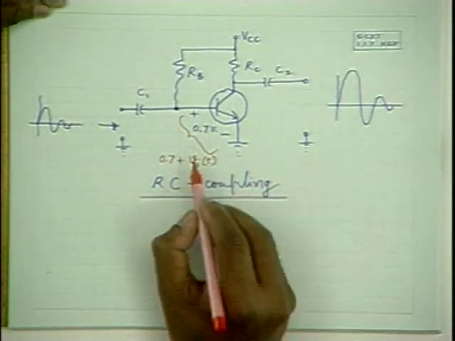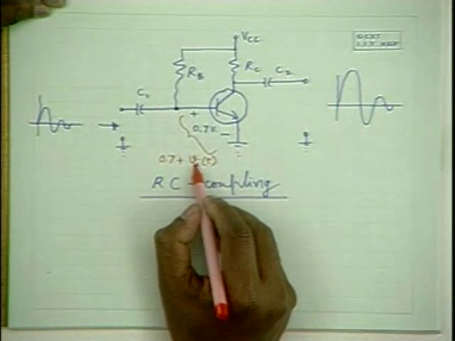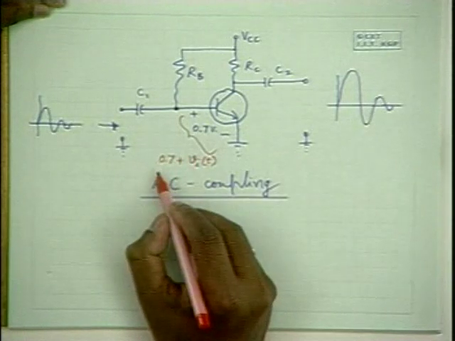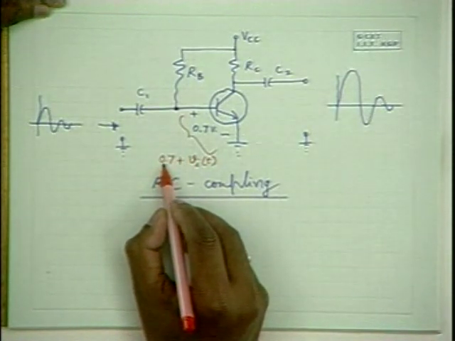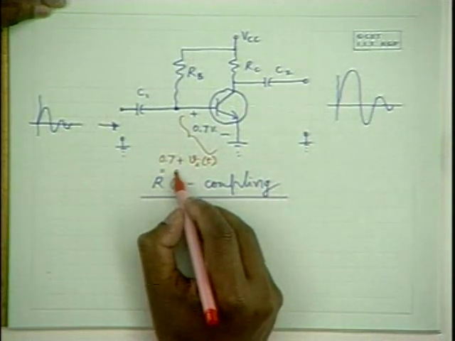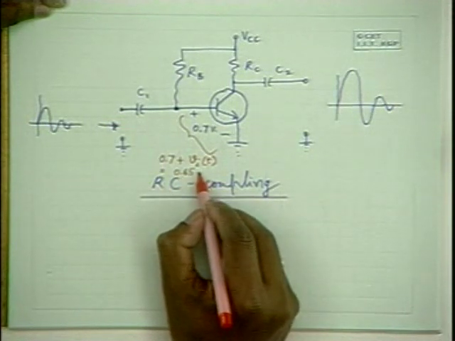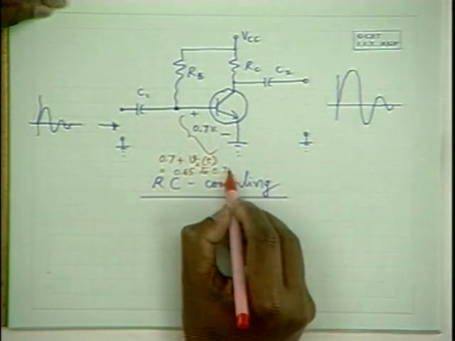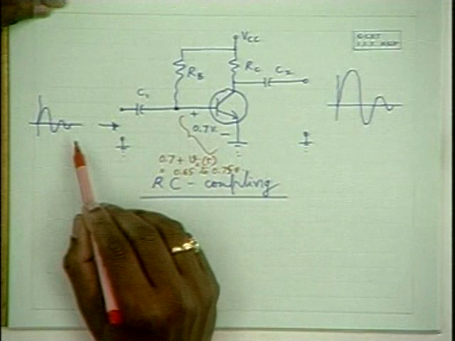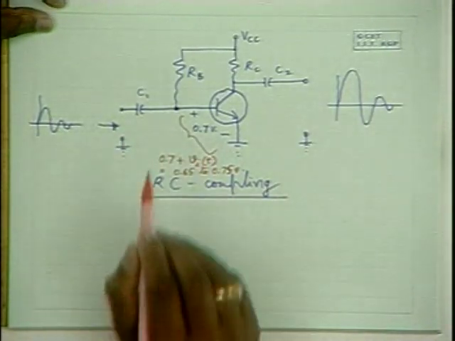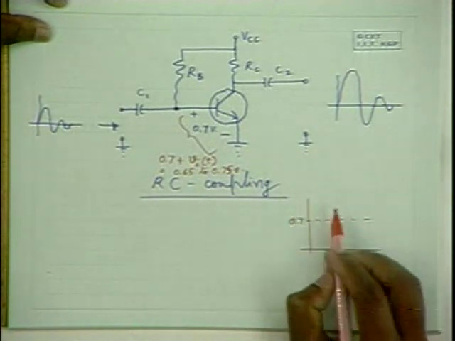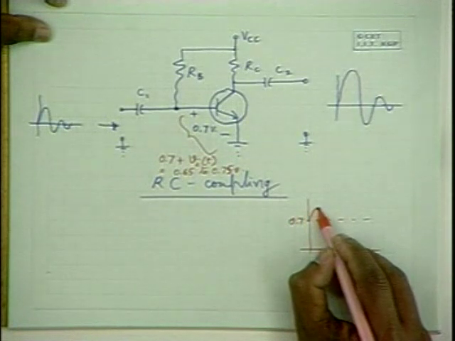If this alternating voltage has some variation of about plus or minus 50 microvolts, then this voltage will be changing between 0.65 volts and 0.75 volts. So this is how we want to add this alternating signal to this. That means the base to emitter potential has a mean value of 0.7 volts, and above that, the variation is like this.